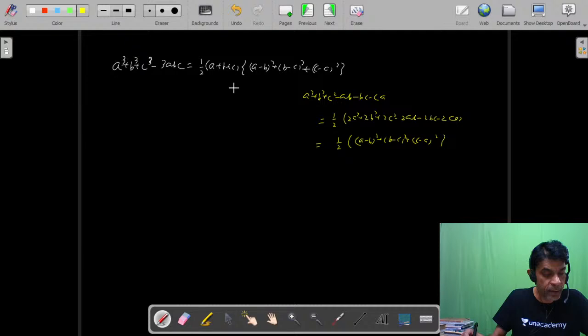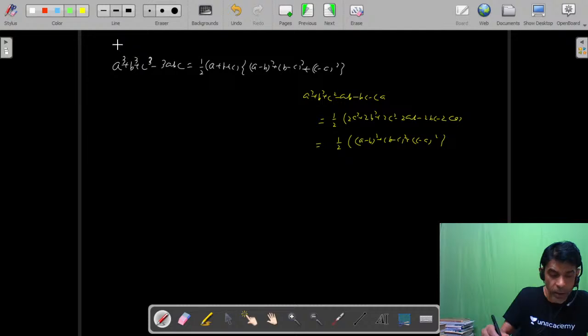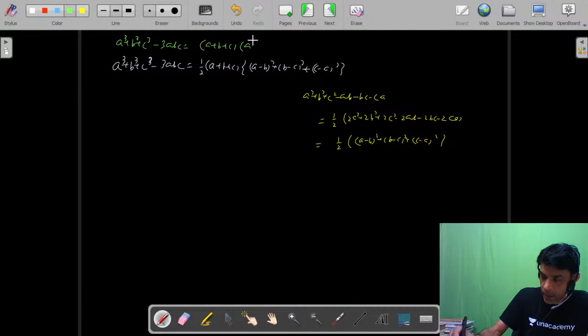Okay, now one can make some deductions. Let me write the other form also here: a cubed plus b cubed plus c cubed minus 3abc is (a plus b plus c) times (a squared plus b squared plus c squared minus ab minus bc minus ca).